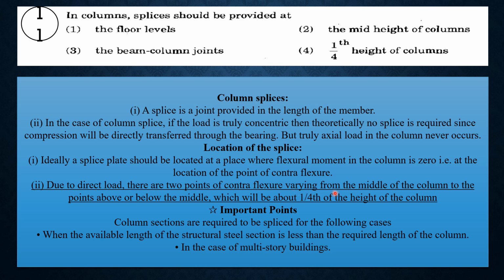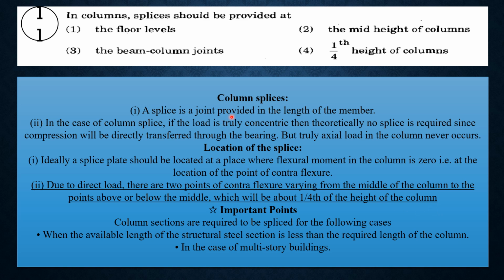A point of contraflexure is the point where the bending moment changes its sign from positive to negative or from negative to positive. For direct loading, there are 2 points of contraflexure varying from the middle of the column to points above or below the middle, about 1/4 of the height of the column. So in the case of a column, the splices are at 1/4 of the height of the column.